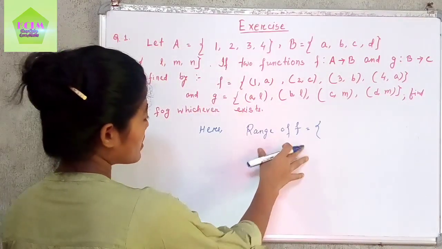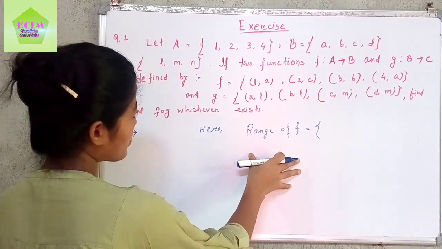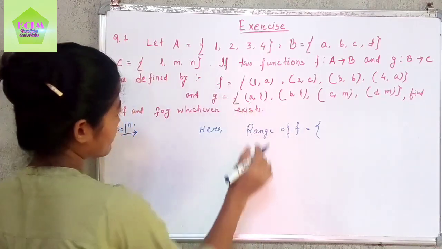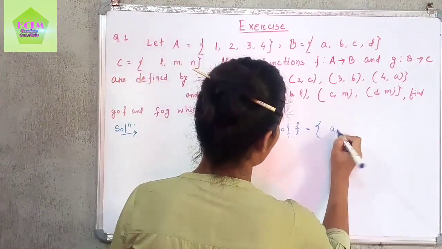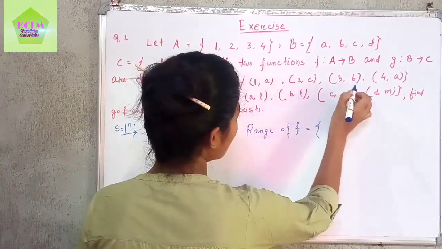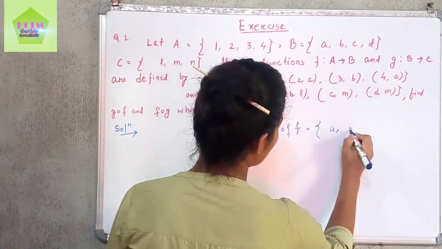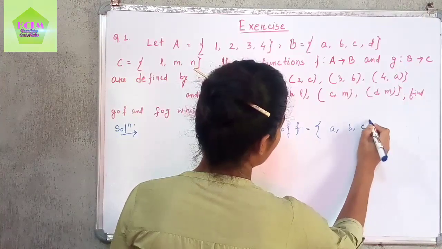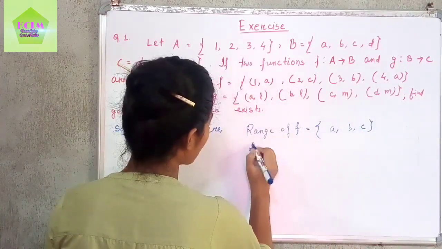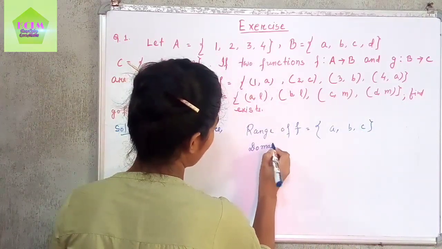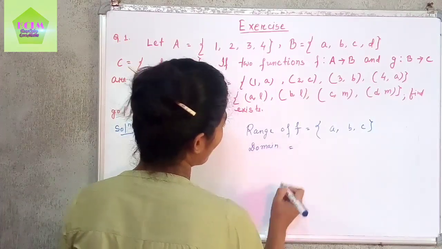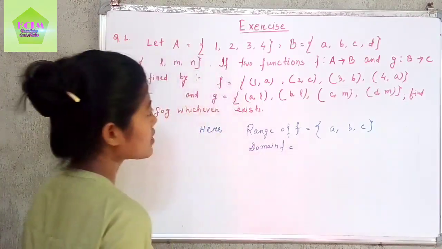The range of f is the set of second elements of f: a, c, b, a, that means {a, b, c}. And the domain of f is {1, 2, 3, 4}.